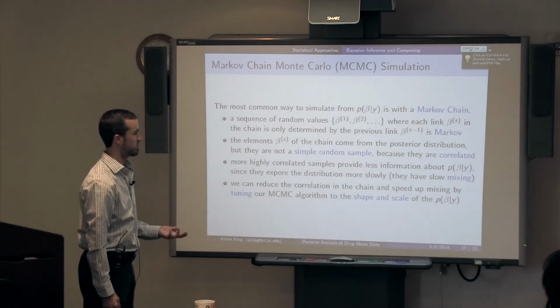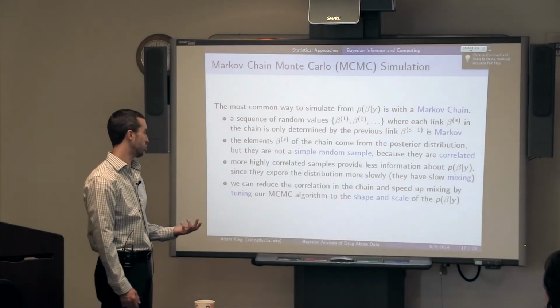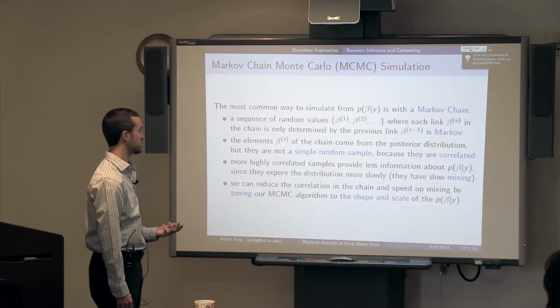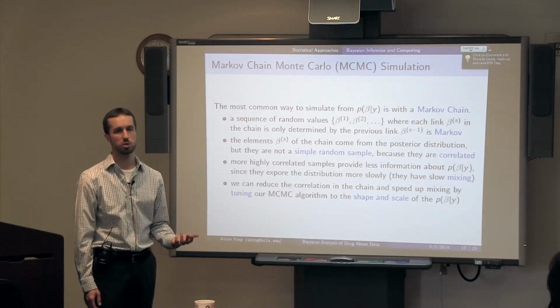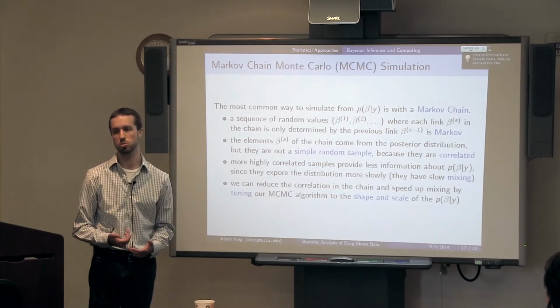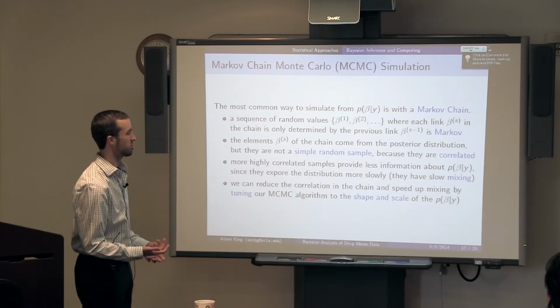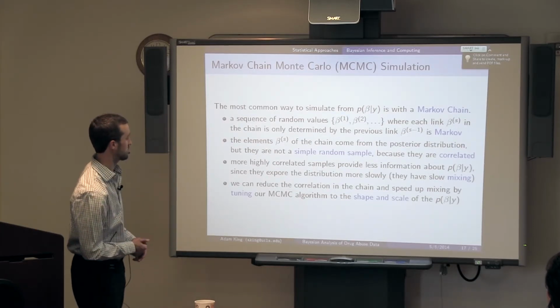When we have a Markov chain, it's not a simple random sample because the elements in the chain are actually correlated with one another. And the more correlation there is in this chain, the less information they provide about this probability distribution because they're just moving around this distribution very slowly and not exploring it very well. And we say this means that the chain is mixing slowly within that distribution.